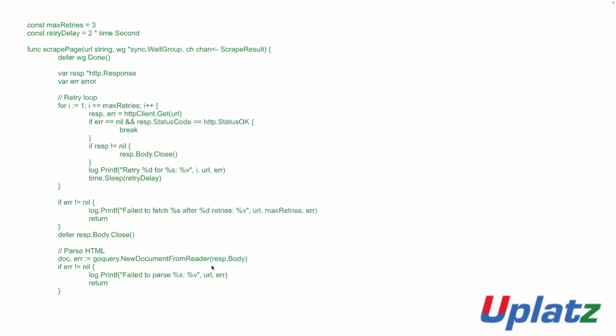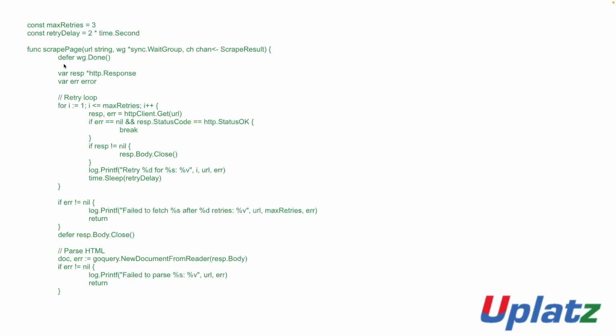Okay, next. Const maxTries is 3, retryDelay is 2 * time.Second, two seconds after each retry. Then func scrape(page URL string, wg, a sync.WaitGroup, ch chan...).